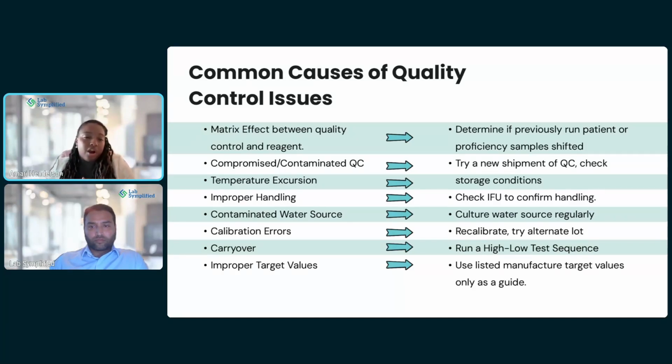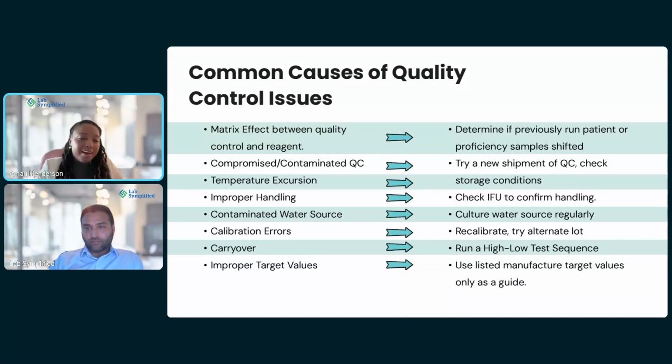Improper target values. I'll see this a lot. You'll be surprised. A lot of customers maybe looked at the manufacturer ranges and didn't realize they were looking at the wrong units. It happens a lot. They're thinking their results are way higher than they should be. And I'll say, well, are you reporting in nanograms per milliliter or nanograms per deciliter or whatever units they may be reporting?